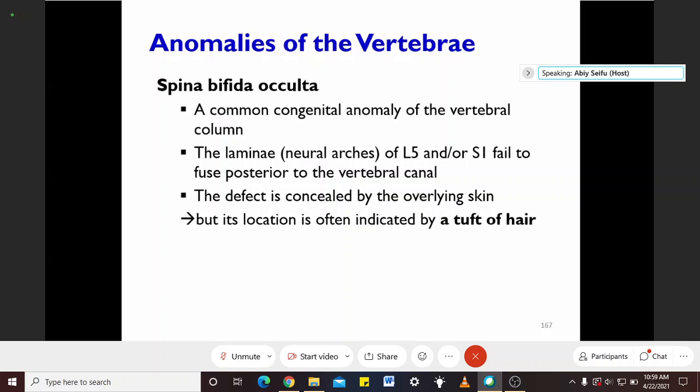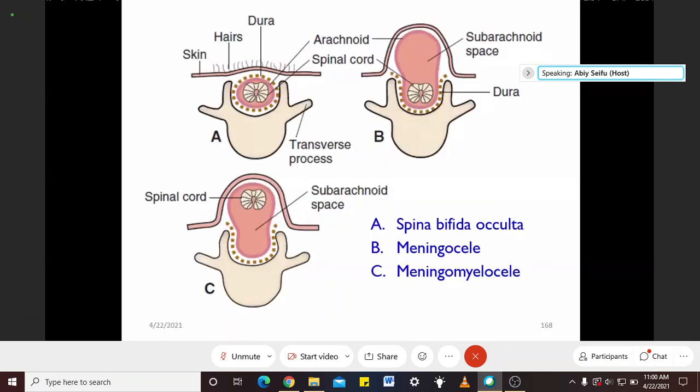Therefore, there is no structure that can be seen externally. The contents are also found within the canal, but this is revealed by the presence of hair over the skin.